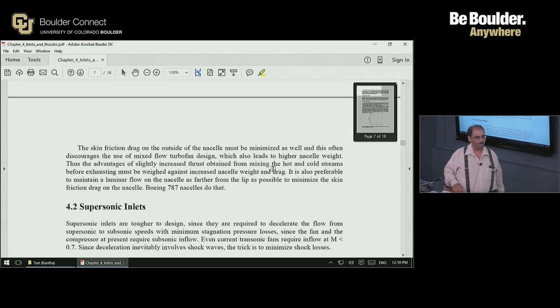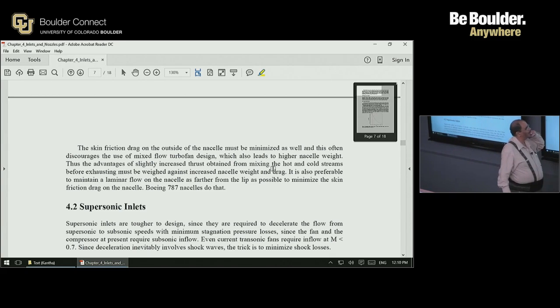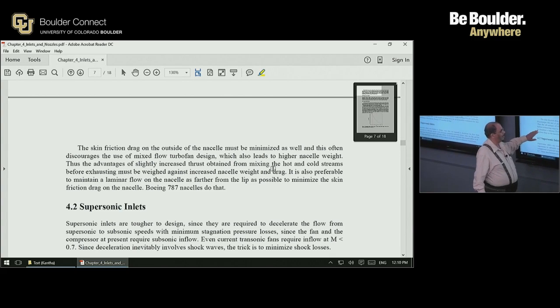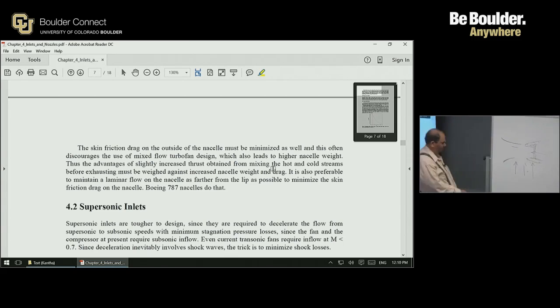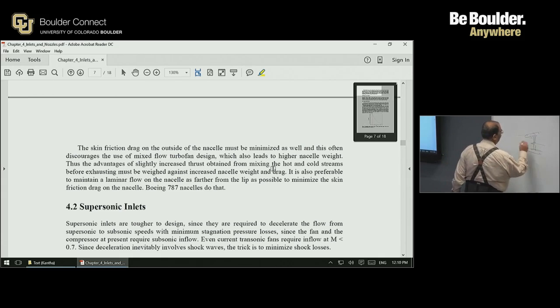But if the boundary layer is turbulent, then the skin friction on the outside of the nozzle will be large. So the current trend is to try and postpone the transition from laminar to turbulent flow in the boundary layer outside the nozzle.